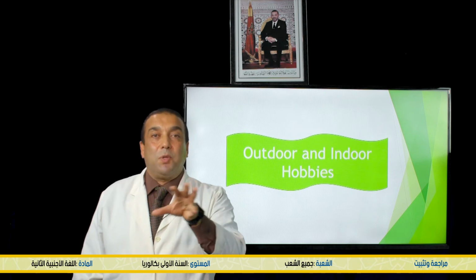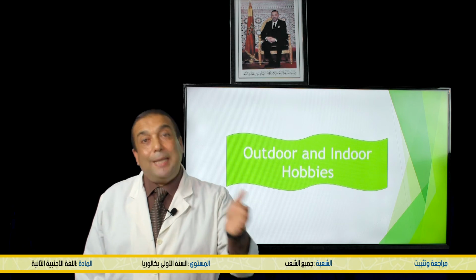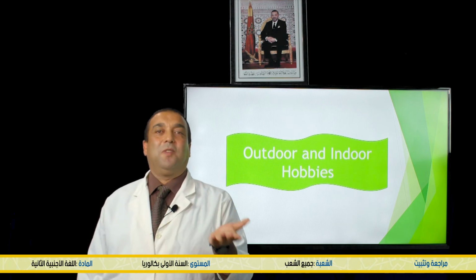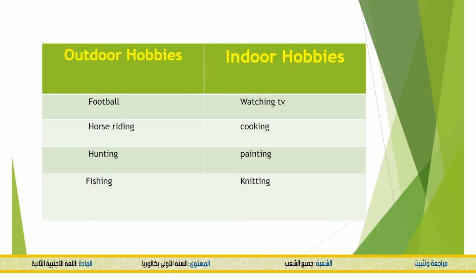By the way, there are two types of hobbies: outdoor hobbies and indoor hobbies. What's your favorite? First, let's talk about indoor and outdoor hobbies. For example, outdoor hobbies are football.